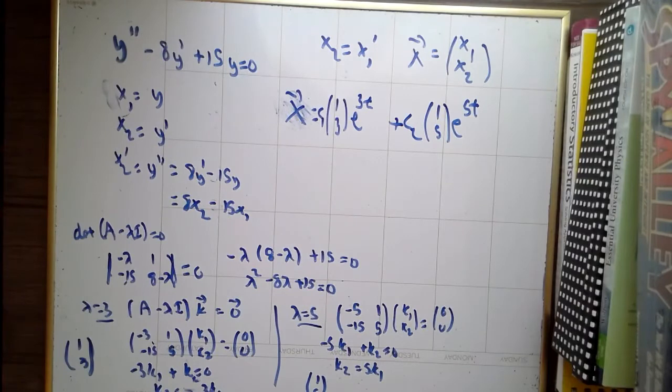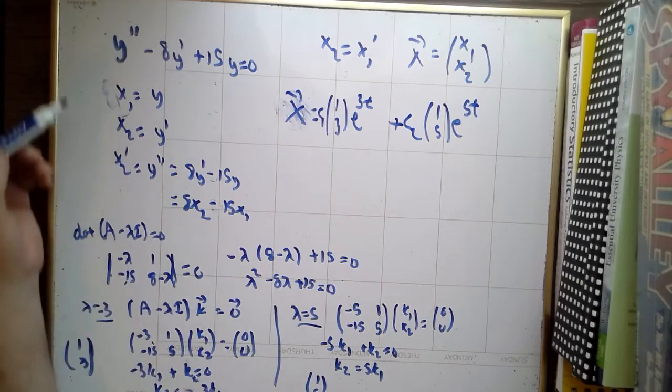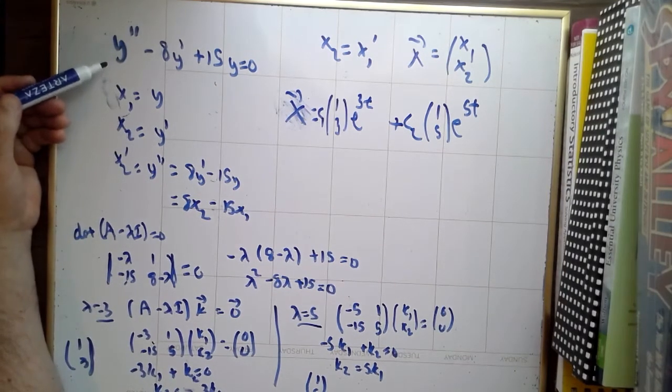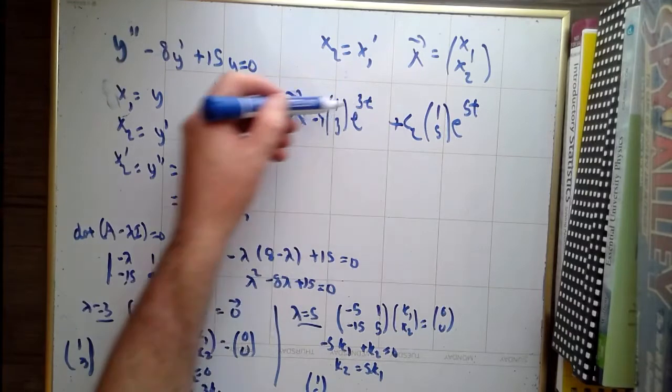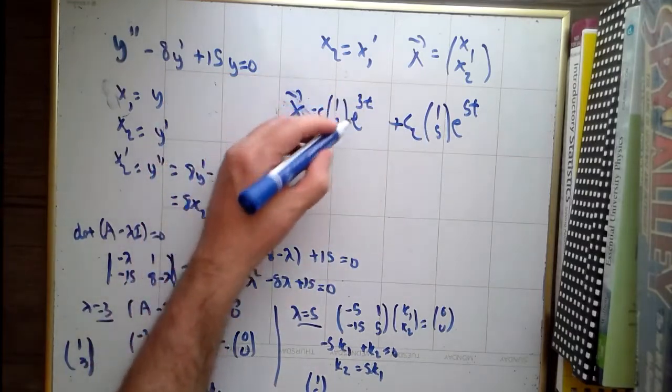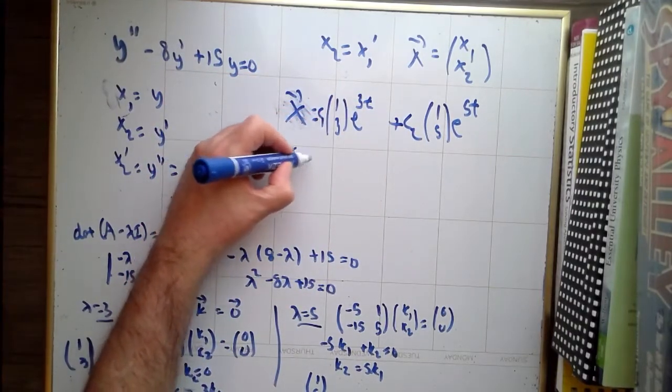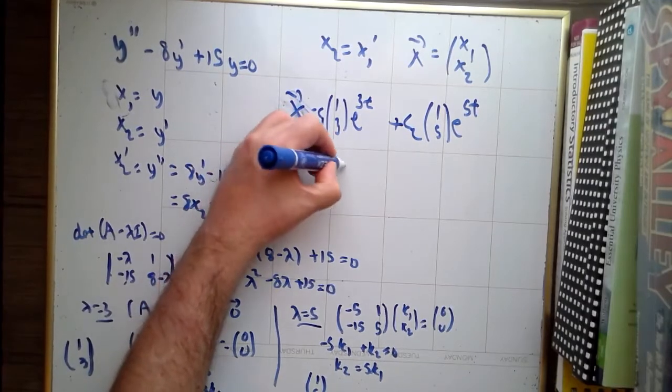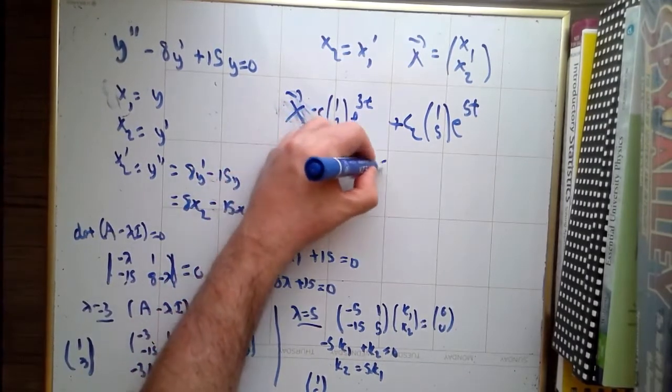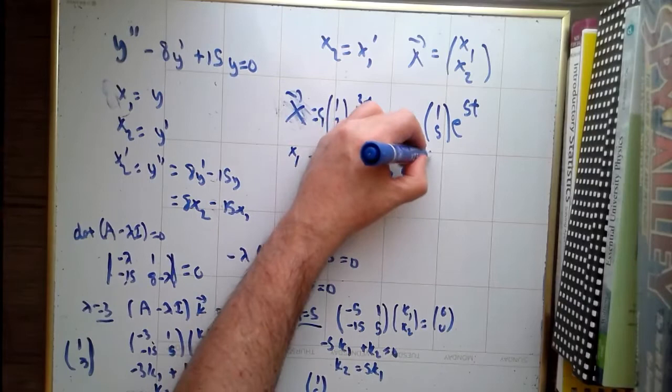Now what we solved here was a system of differential equations, linear. I really just wanted y. That's all I was really after. So let's write out these two rows here. The top row would be x1 equals c1 e to the 3t plus c2 e to the 5t.